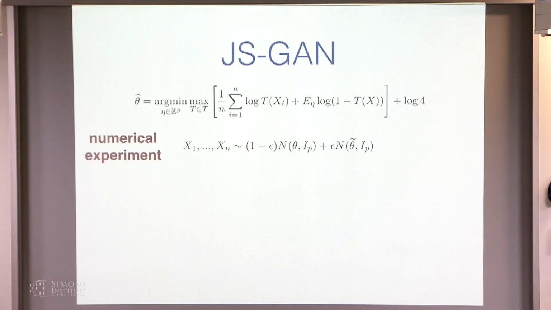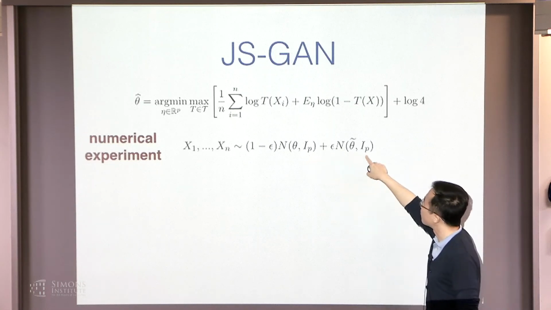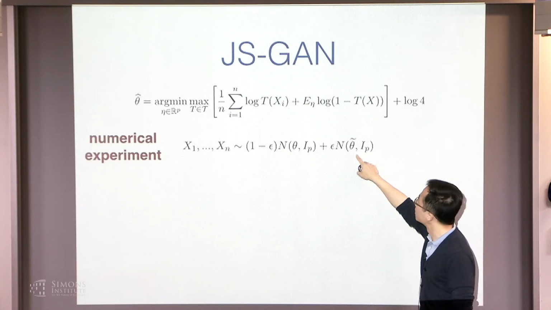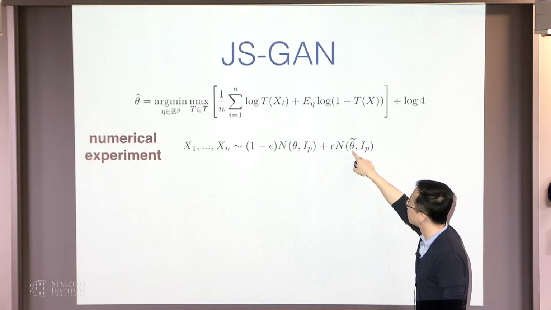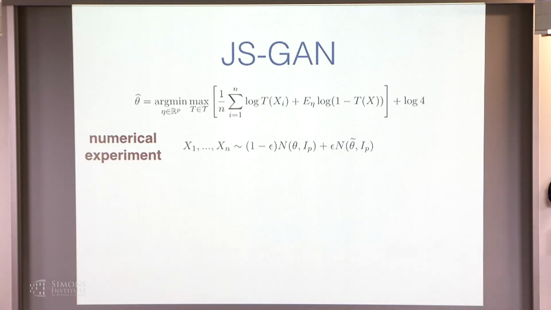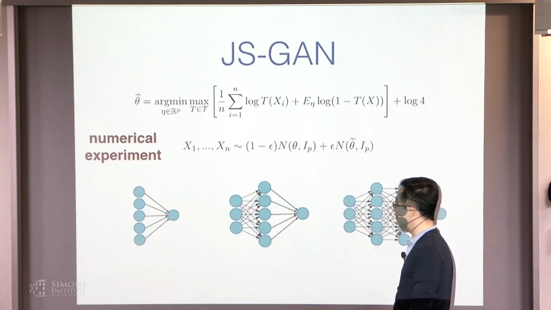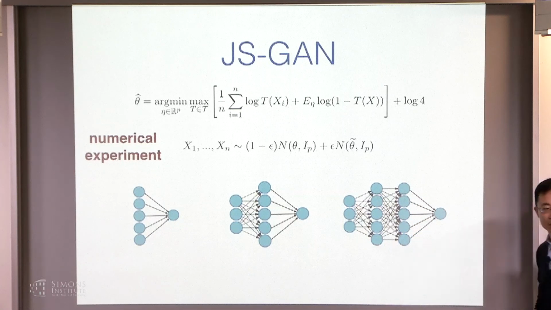In the numerical experiments, we generate an IID sample from the mixture model. This is a Gaussian location model, and it's contaminated by another location model. The contaminating vector is theta tilde, to distinguish it from theta that we are trying to estimate. We try different classifiers. They are basically neural networks with different structures.